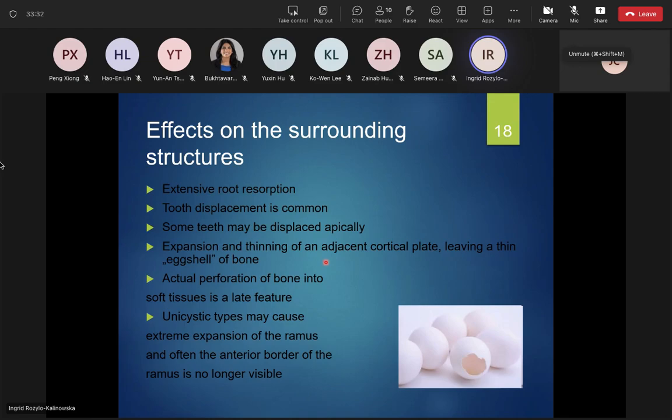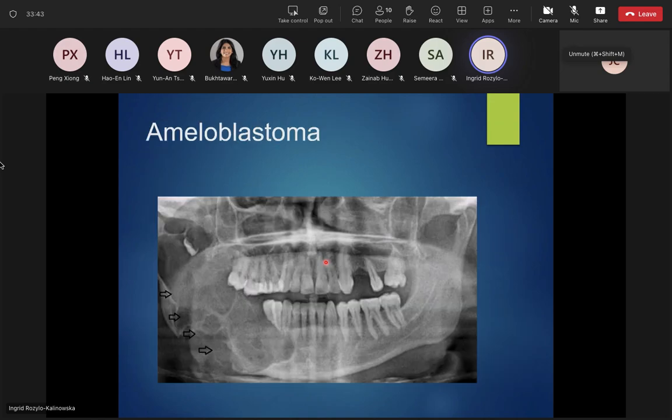The tumor can cause extension of the ramus, and the anterior border of the ramus will not be visible anymore. And here's a case of ameloblastoma, a very large tumor in the right mandible, and here the arrows point to the extension of the tumor.